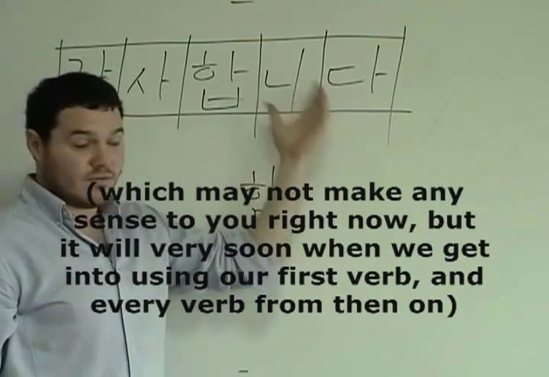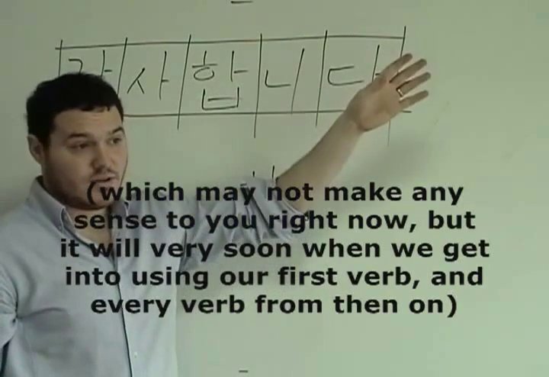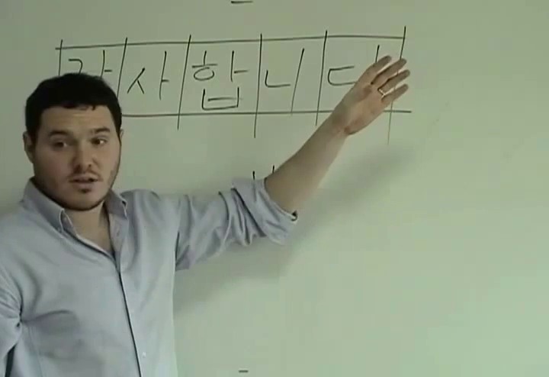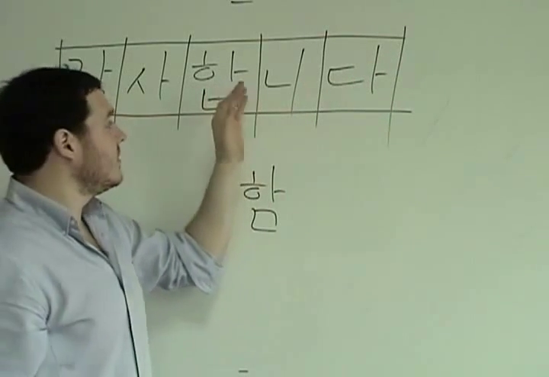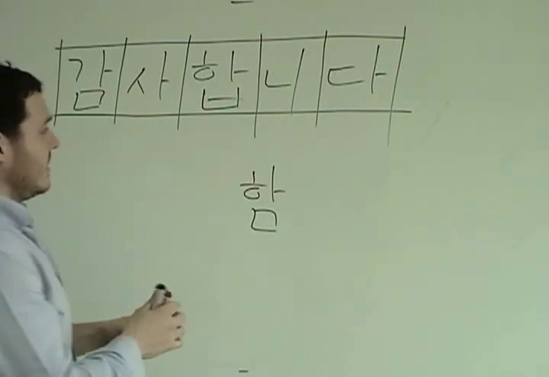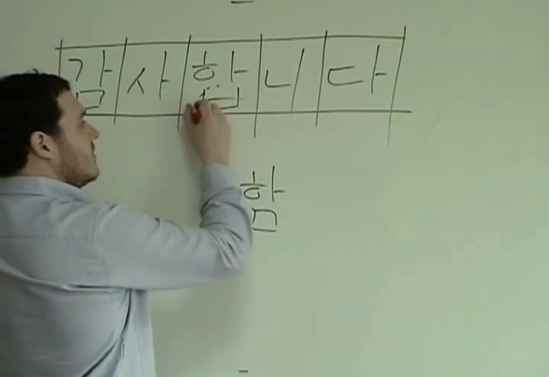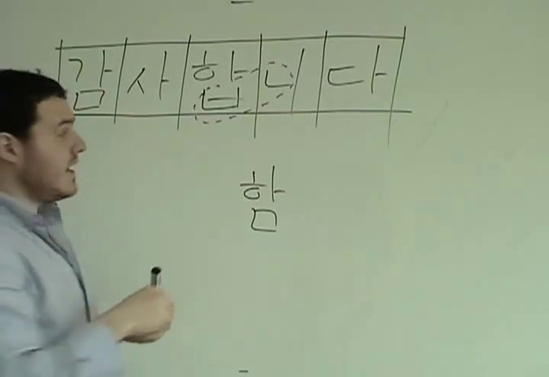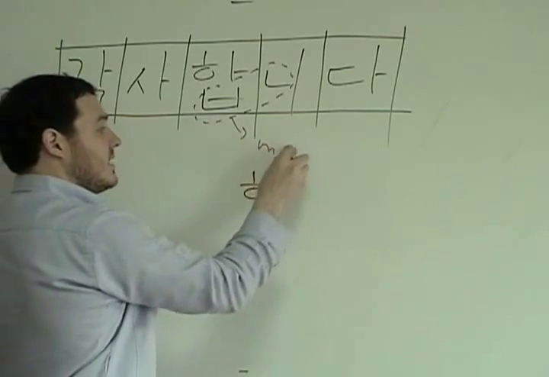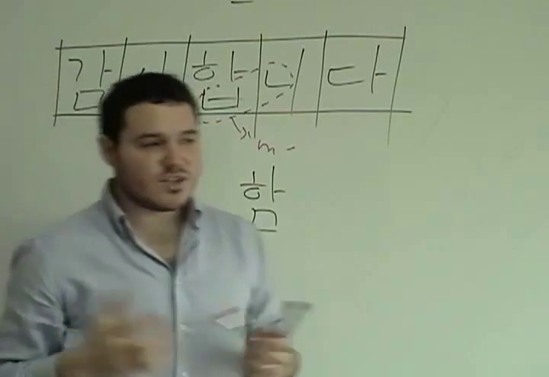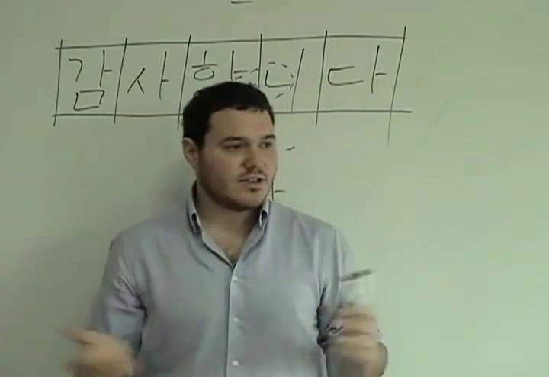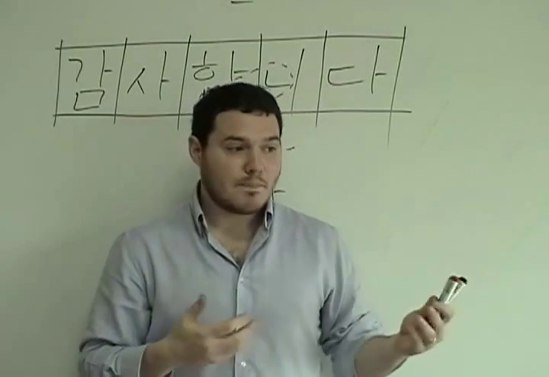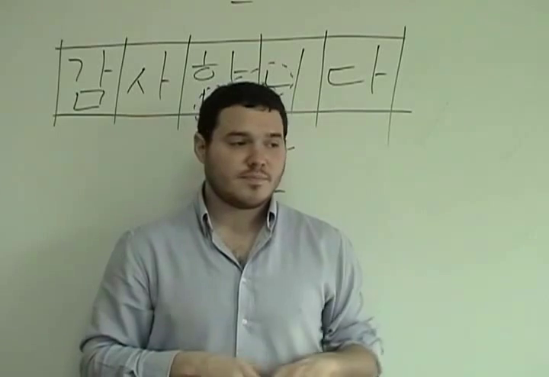This is the honorific conjugation, which we'll get into the last class of this course. We'll get into hada verbs. But these two just mix and push this to an M sound. And it's just for flow, really. It's just to make it easier to say quicker. Hamnida rather than hapnida. Hamnida.